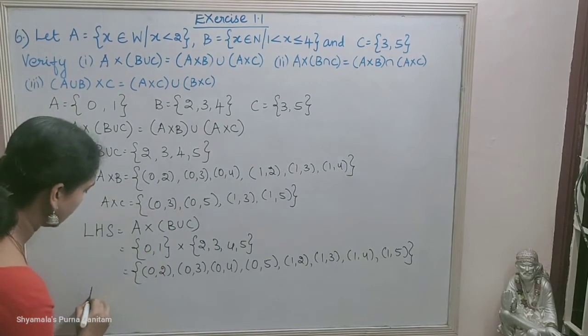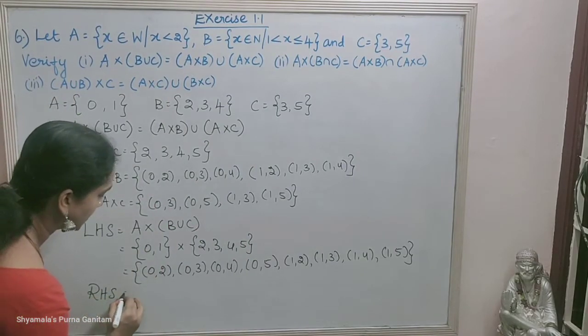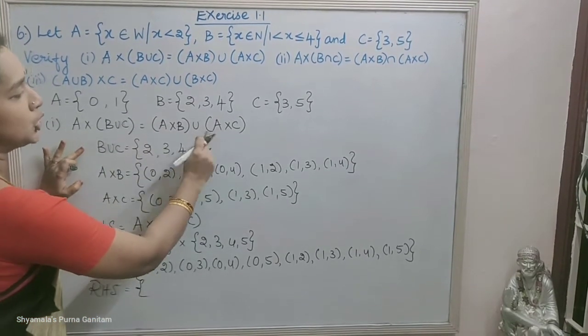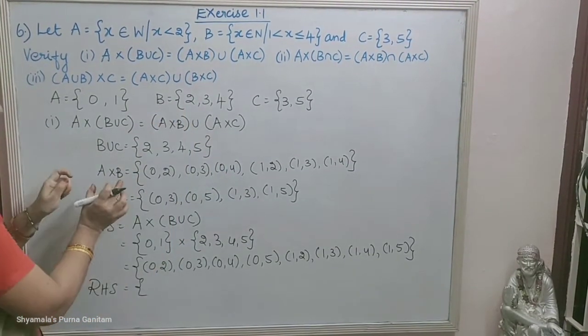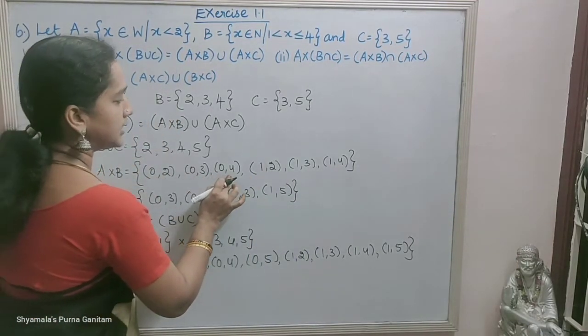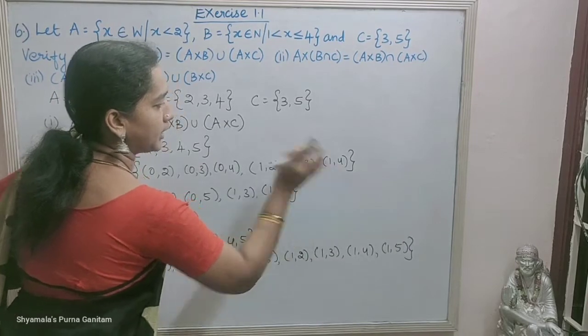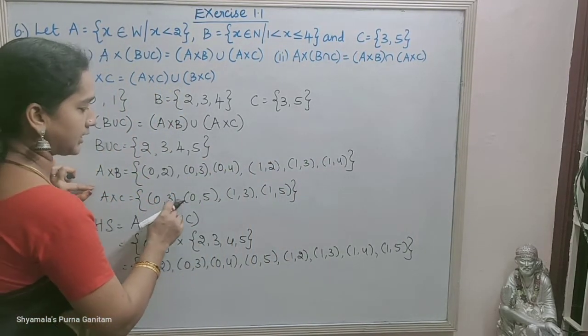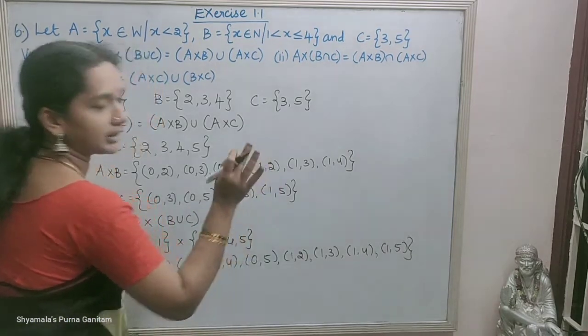Now we will take the RHS, which is (A × B) ∪ (A × C). A × B we already wrote: (0, 2), (0, 3), (0, 4), (1, 2), (1, 3), (1, 4). A × C we formed: (0, 3), (0, 5), (1, 3), (1, 5).